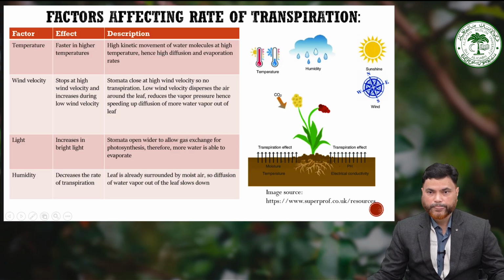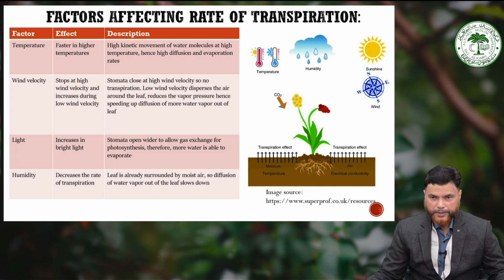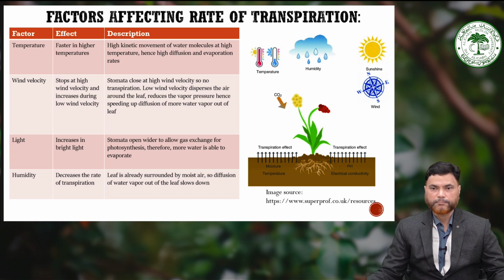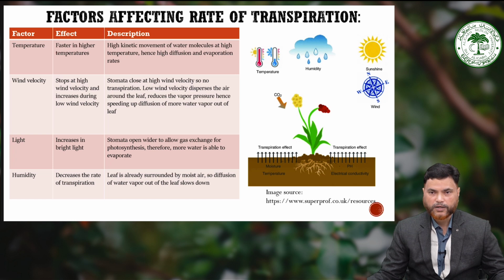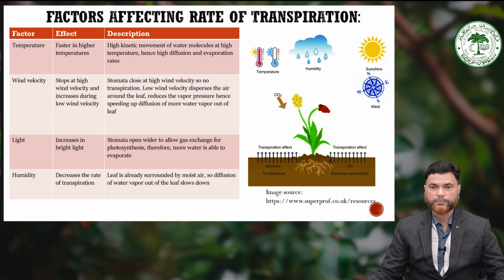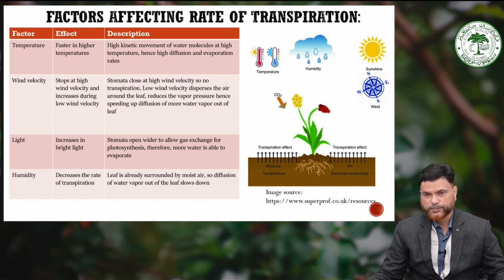Now the rate of transpiration is generally affected by many factors, mainly the plant water status, plant anatomy, and the environmental factors. Among the environmental factors, most important are light, temperature, humidity, wind velocity, along with others.